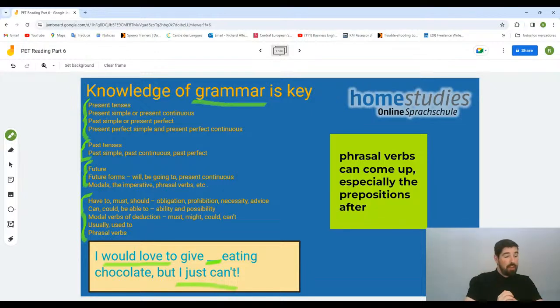So anybody, if you want, write in the chat what you think the word could be, one word. I'll give you 30 seconds, no more. Write it in the chat if you think you know what the word could be in this gap, and then we'll move on. About 25 seconds now. 20 seconds.